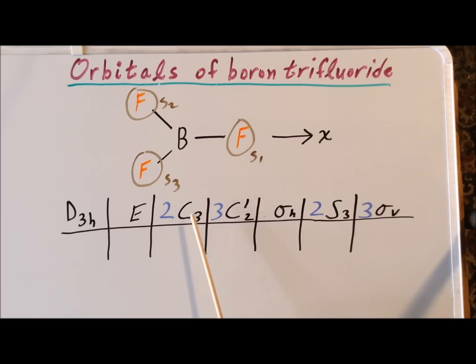We also see that, for example, in this particular class here, we have 2 C3 operations. So the number that is in blue tells us how many operations are in the class. Also, we see for C'2 that there are 3 operations in the class.